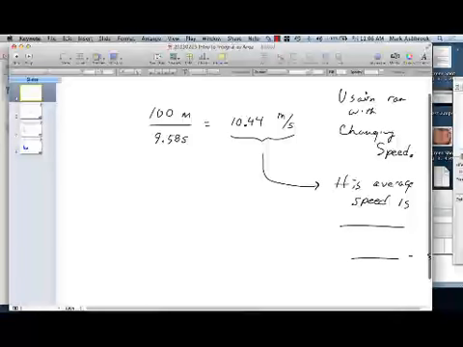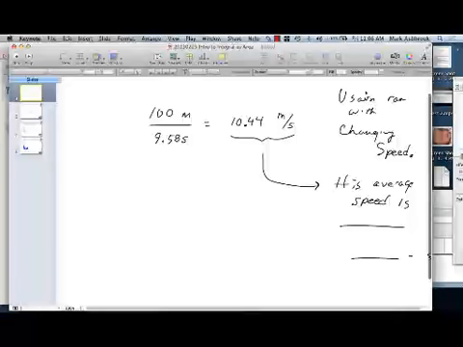Average speed is the speed required to cover the same distance as the changing rate. Okay. He said required to cover the same distance. Ross, what do you think? What is average speed? We just got one number, right? What is that one number? It's this average speed.